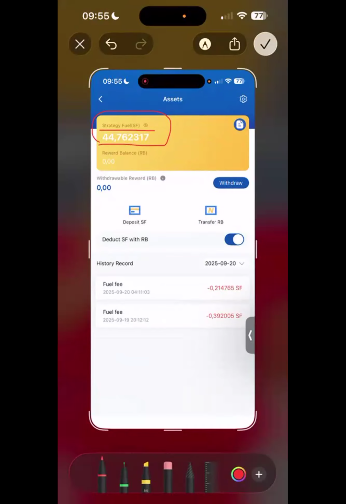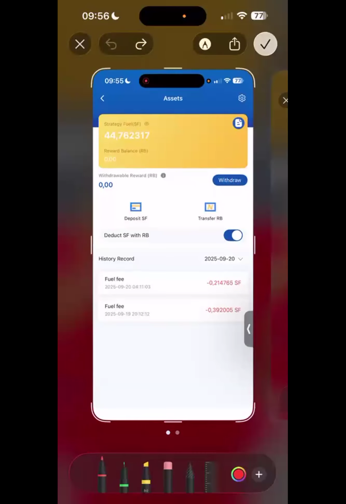In fact, they give you notifications more than 4 or 5 times that, hey, make sure you don't deposit a lot of money under strategy fuel, because if you deposit a large amount, you can't get it out. I hope that is clear. So please deposit the needed amount, or deposit small amounts so that if it gets exhausted, you can top up at any time.